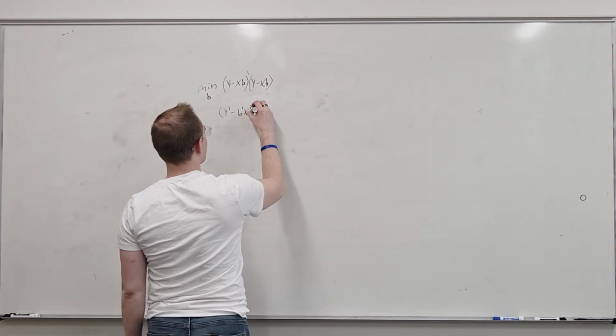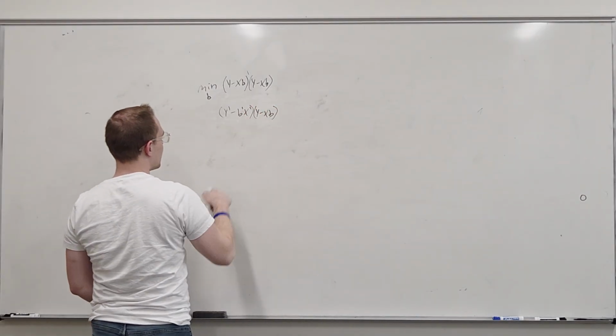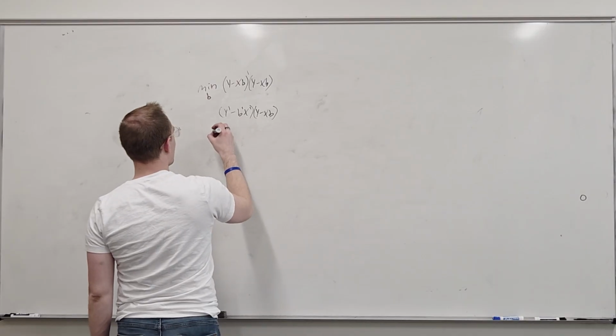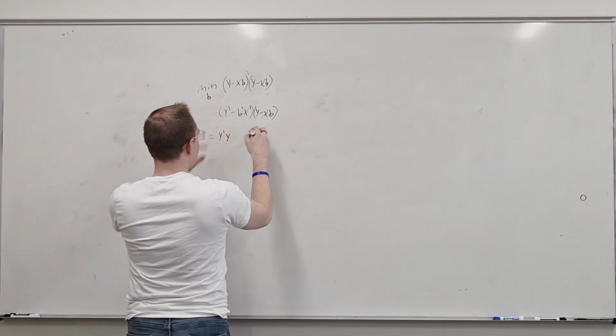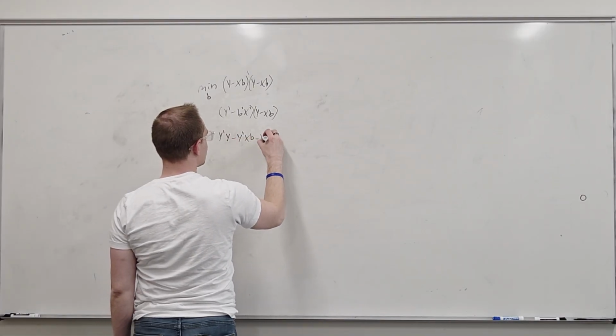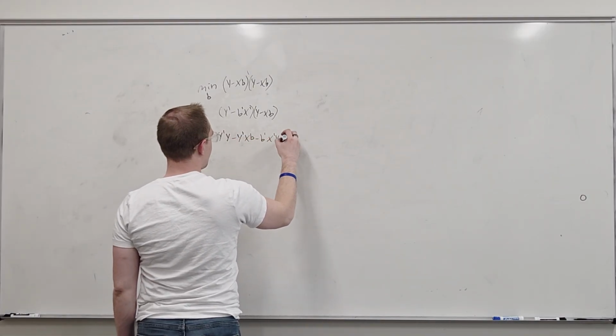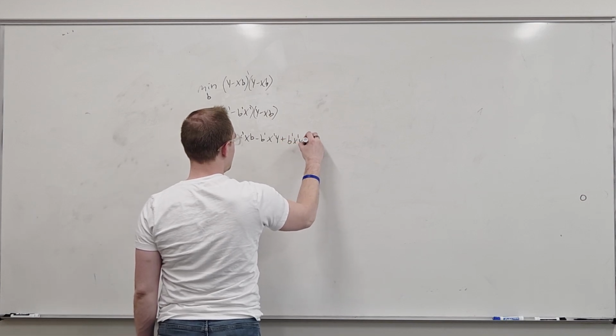And then it's that multiplied by y minus xb. We can FOIL this bad boy. So that's going to be y transpose y minus y transpose xb minus b transpose x transpose y plus b transpose x transpose xb.